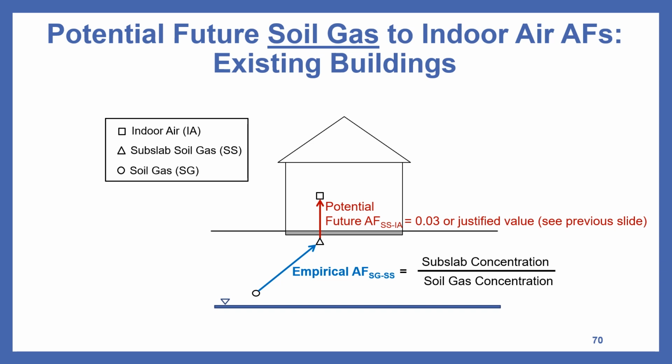And now with these two attenuation factors, you essentially multiply them together and you can get this potential future soil gas to indoor air attenuation factor that accounts for the actual measured attenuation below the building, while also using a conservative subslab to indoor air attenuation factor that is accounting for potential changes to the building over time.